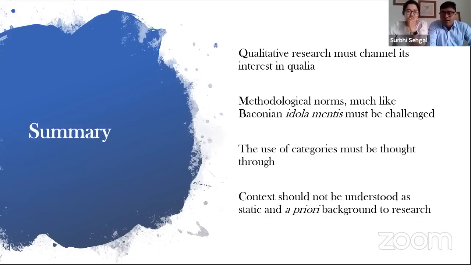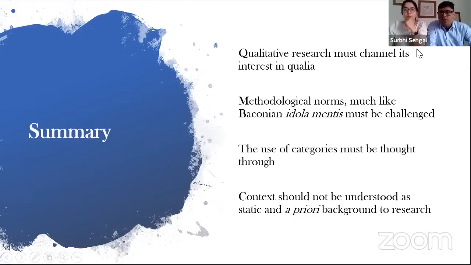Right, so to summarize what we have said today. What we have discussed today is in many ways pretty straightforward, but in our view fundamental: that qualitative research must acknowledge and shape itself with qualia, so thinking in terms of subjective experiences of the individual, of the being.